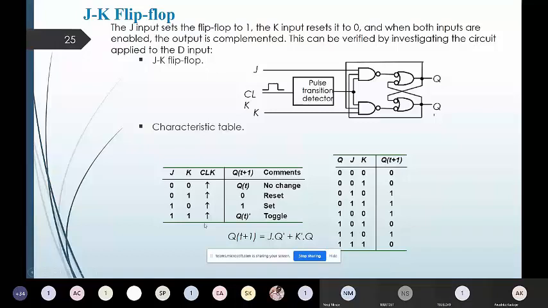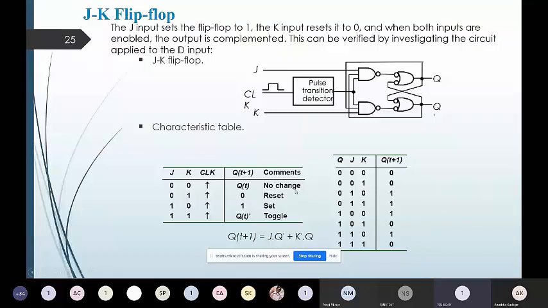That's why for the clock we have again shown upgoing arrows, which indicate positive edge triggering. So if J and K inputs are both 0, the next state will be the present state only. Here Q(t+1) is indicated as Q(t), with the comment that no change in the output state is going to happen.